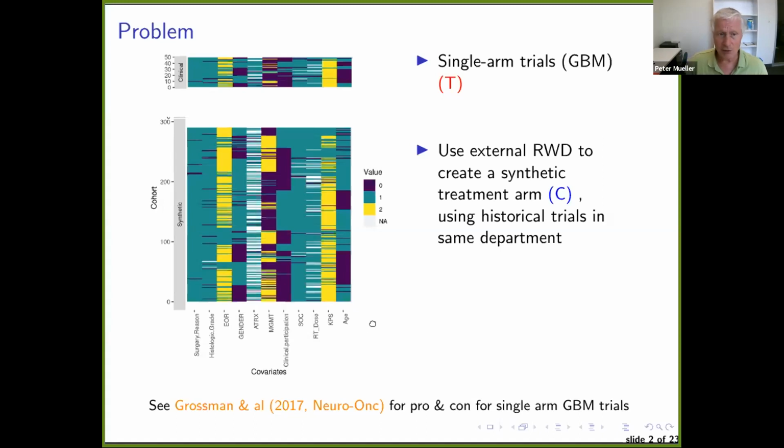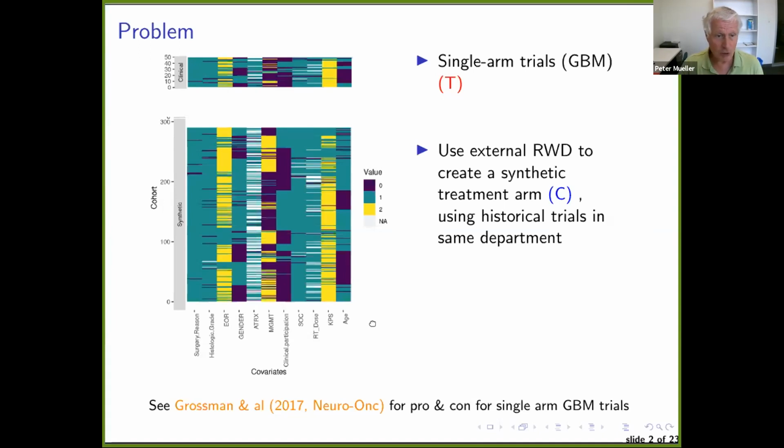They have a steady stream of carrying out such trials, and they have a good record of historical trials, going back only a few years. You don't want to go too far back, lest you run into issues when standard of care has changed and you have problems with different standards over time.